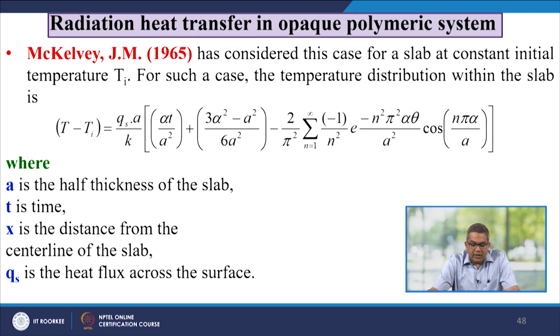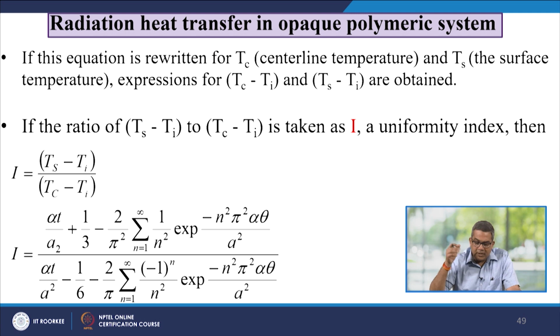Now, some co-workers have considered this case for a slab with constant initial temperature Ti. For such cases, the temperature distribution within the slab can be given by this particular equation, where A is the half thickness of the slab, t is the time, x is the distance from the center line of the slab, and Qs is the heat flux across the surface. Now, this equation can be rewritten considering the center line temperature and the surface temperature.